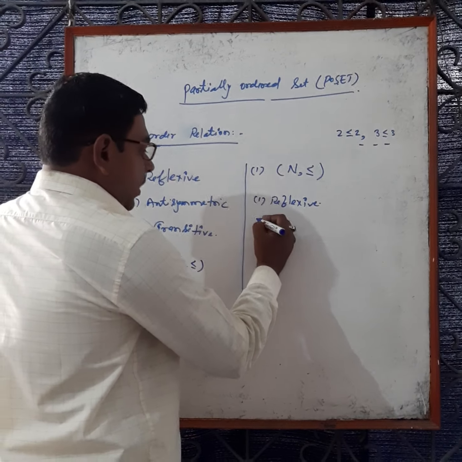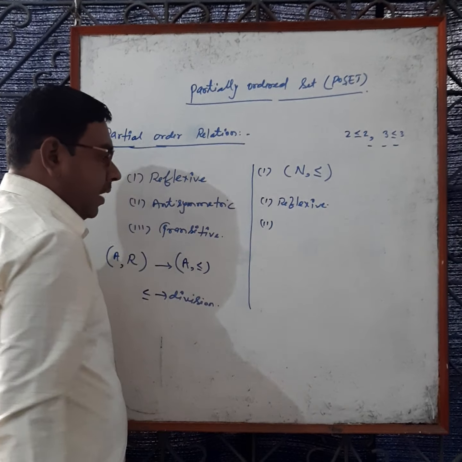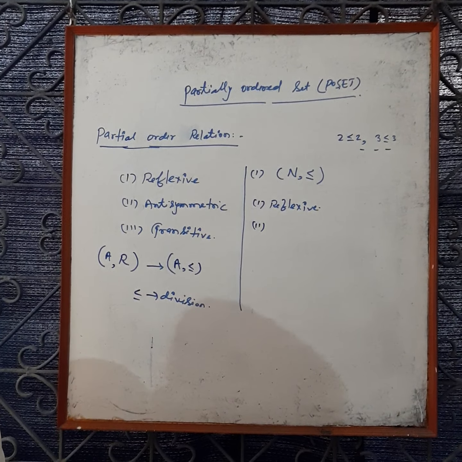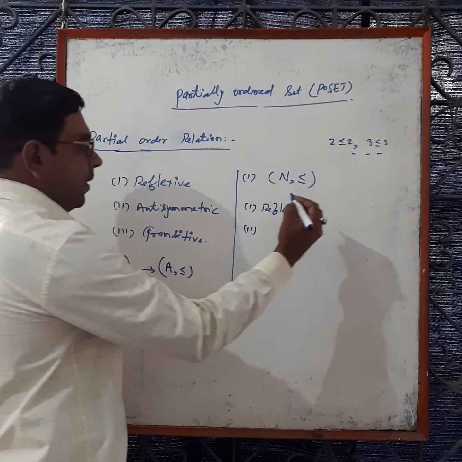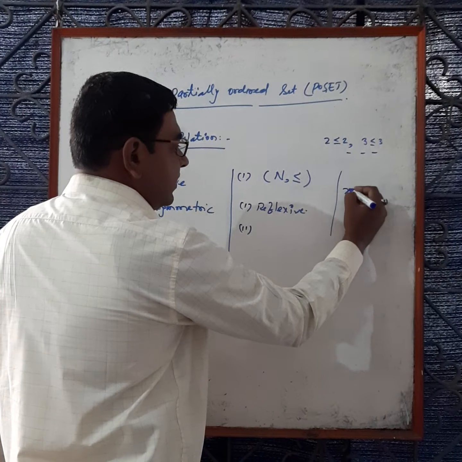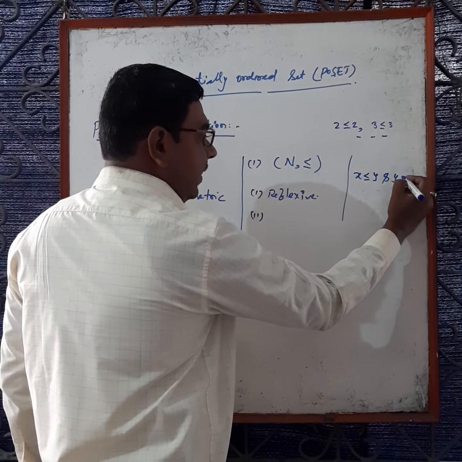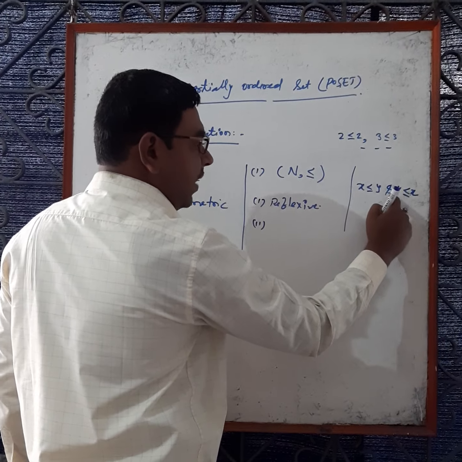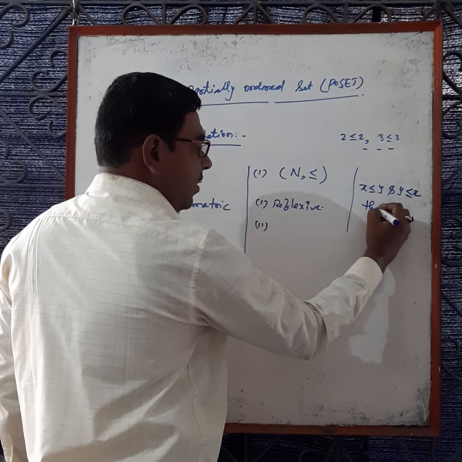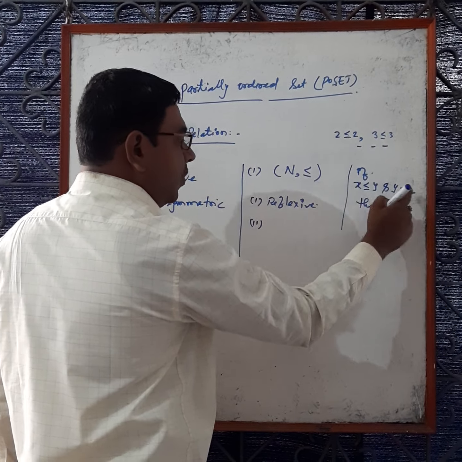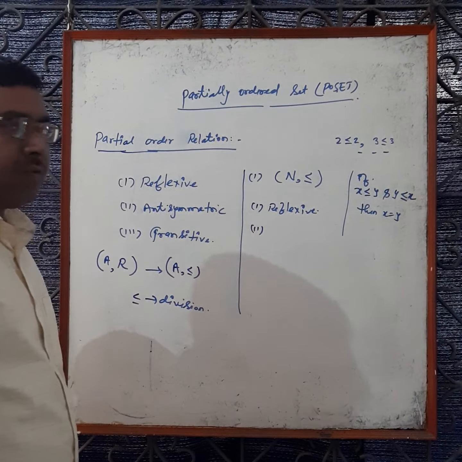Next, we check antisymmetric relation. We know the condition of antisymmetric relation is: if x less than equal to y, x related to y, and y less than equal to x, meaning y related to x, then x is equal to y. If both conditions hold, then x is equal to y.